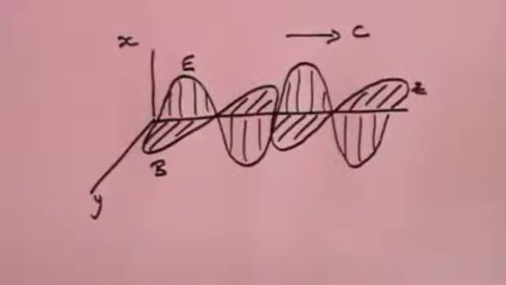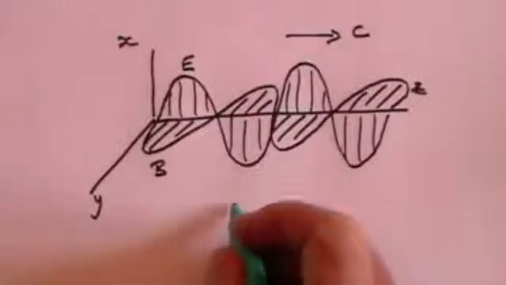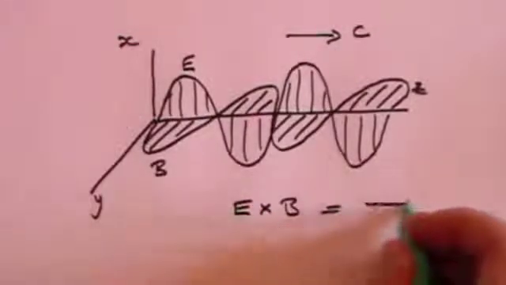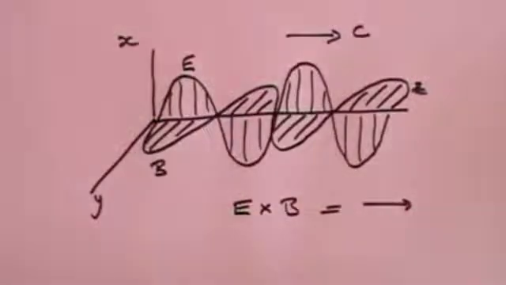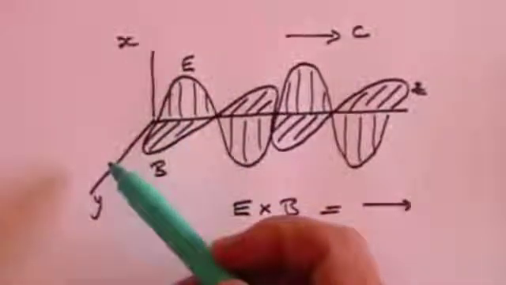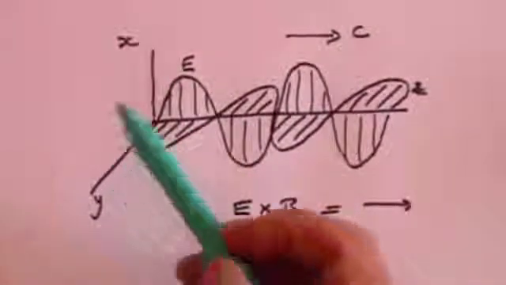There's one more thing that you may want to notice about this: when you draw these waves, you always draw it so that E cross B is the direction of travel. And what that means is that if you take the E vector and turn it in the direction of the B vector, think of the corkscrew rule now.